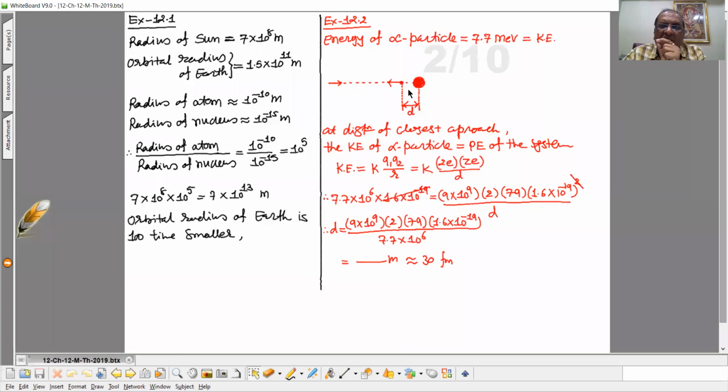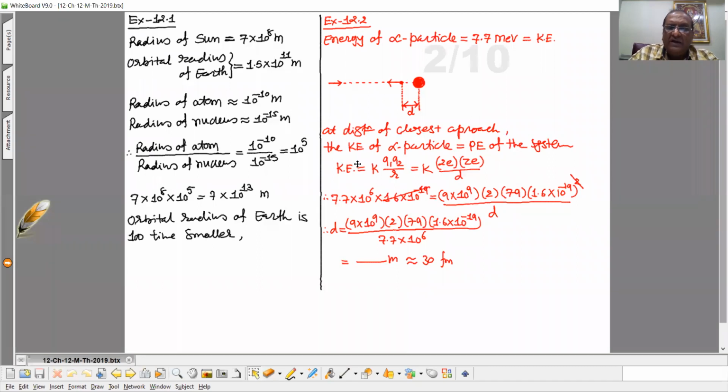When it momentarily becomes steady, we can say that at that time the total kinetic energy of the alpha particle is converted into potential energy of the system of two charges. One charge is the charge of the alpha particle, another is the charge of the nucleus. So at the closest distance of approach, the kinetic energy of the alpha particle is converted into potential energy of the system.